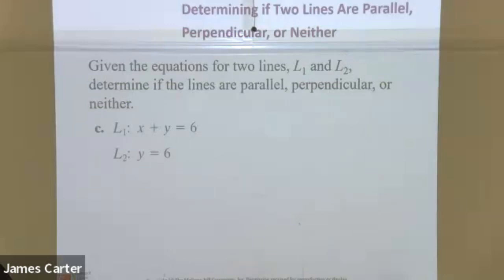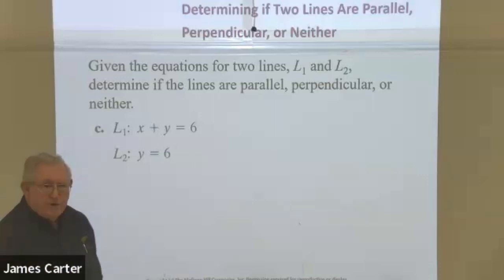Here's a couple more. We've got to do a little bit of arranging. Uh-oh, what kind of a line is this one? Well, this says y is defined as 6 everywhere, so that's a horizontal line.